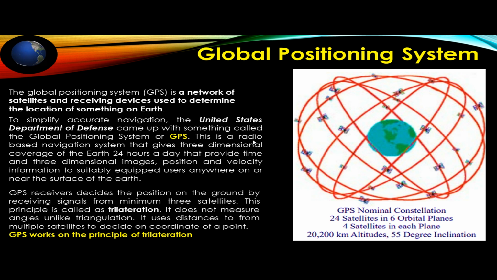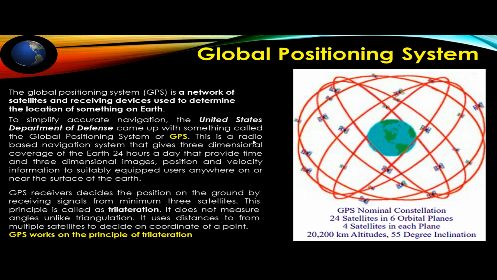To specify accurate navigation, this was the plan or idea of the United States Department of Defense, which came up with something called the Global Positioning System, or GPS. This is a radio-based navigation system that gives 3D coverage of the Earth 24 hours a day.